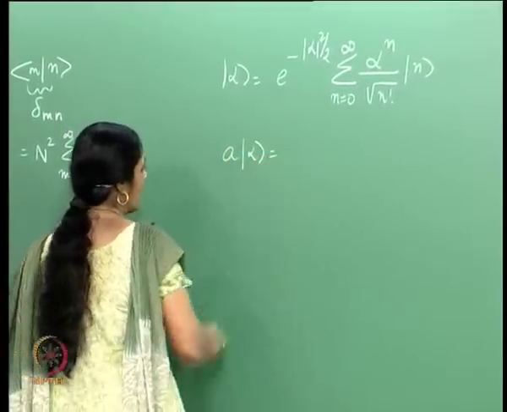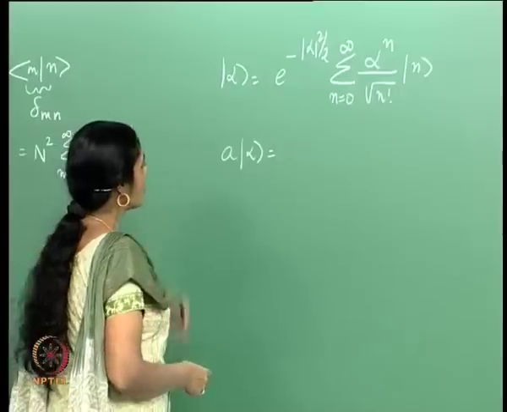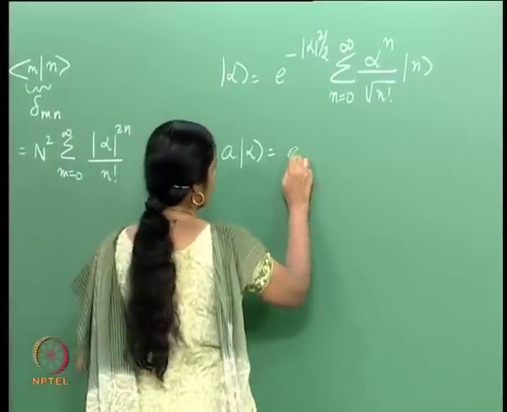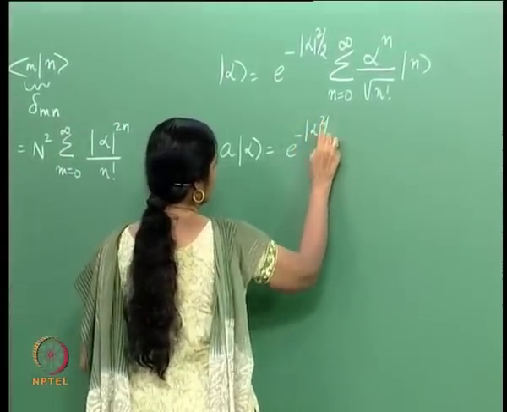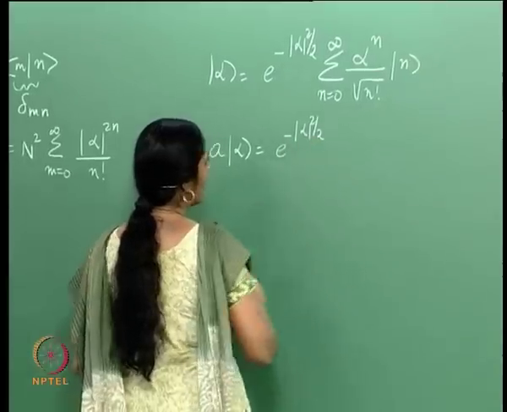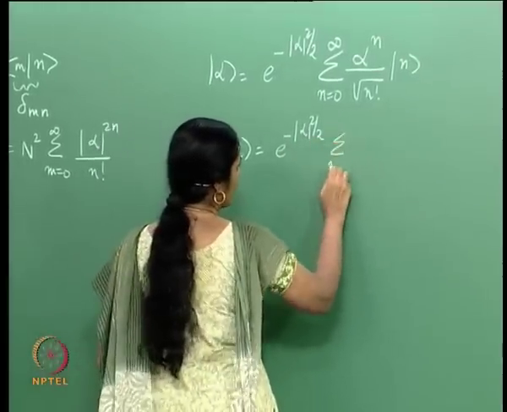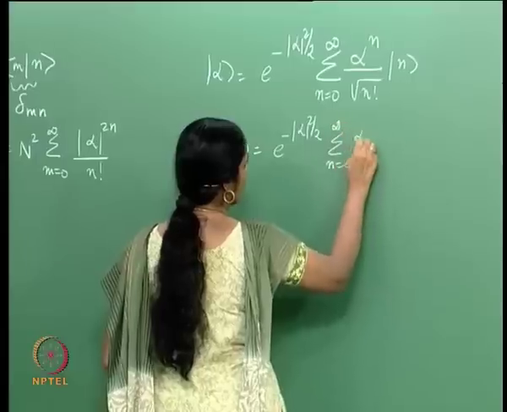Let me find out the action of A on the state ket alpha. This is e to the minus mod alpha squared by 2. I can well take the operator inside the summation.